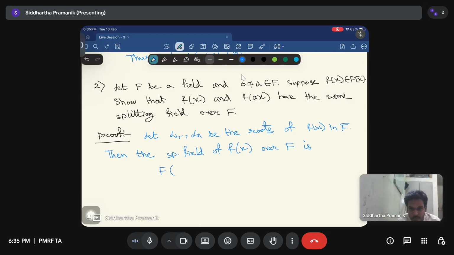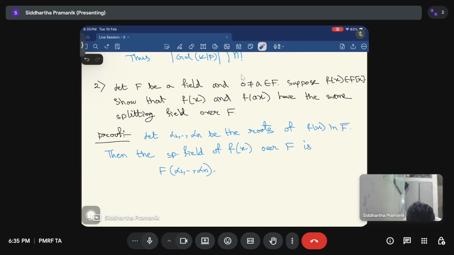So you attach these roots to the base field, right? So this is the smallest field containing F and the roots alpha 1 up to alpha n.